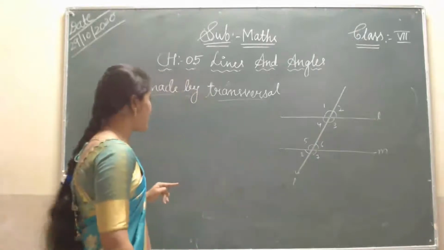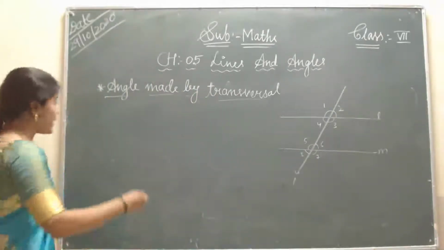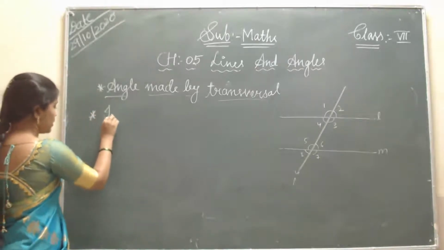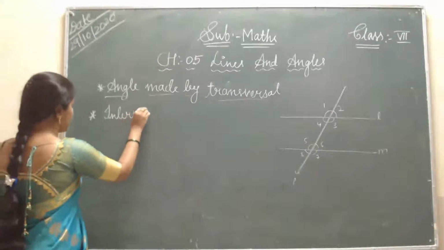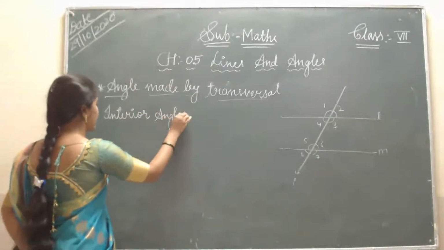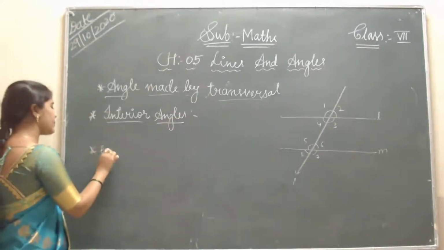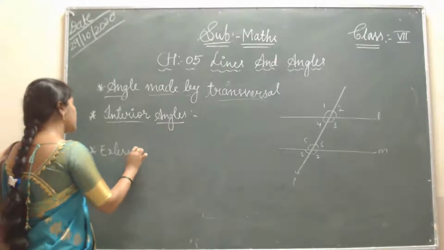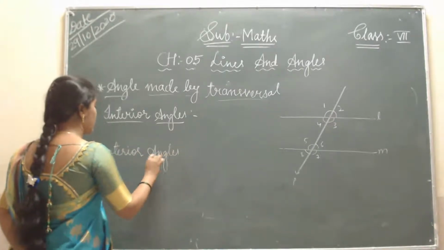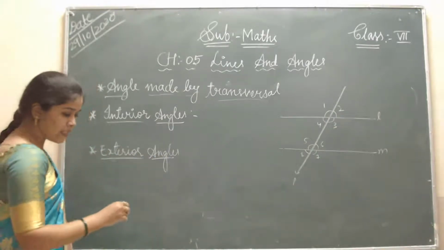That is the transversal line. Okay, angles made by a transversal line. First, interior angles, exterior angles, corresponding angles. Third one.